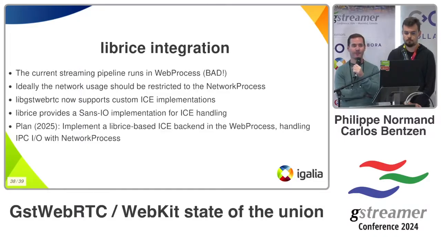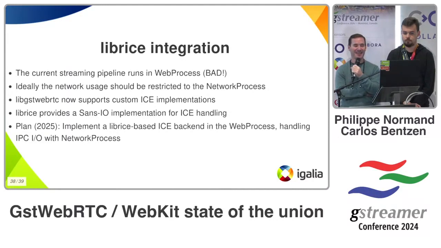So there's an abstraction in GstWebRTC now so that you can build your own ICE agent. And we will have one eventually that will rely on LibRice, which is an alternative to libnice developed by the Centricular folks, Matthew.